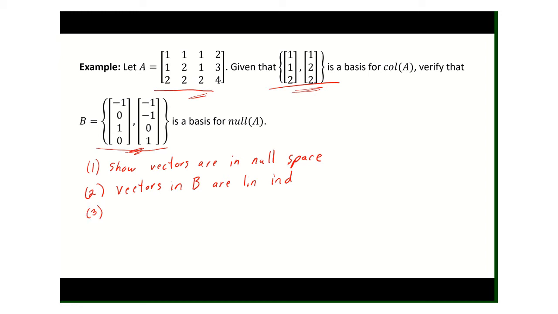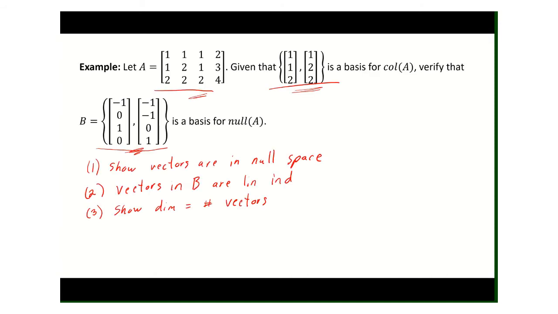And finally, we have to show that the dimension is equal to the number of vectors. So we're going to take these 3 things in turn and show that they are true. First off, show that those vectors are in the null space.